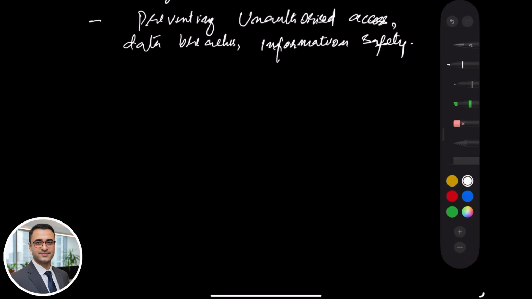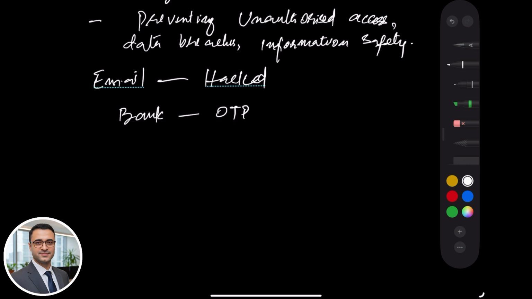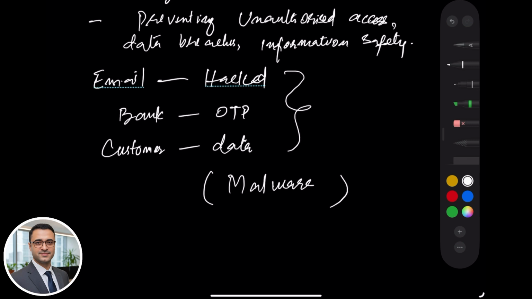Let's take an example. Imagine someone hacks your email, steals your bank OTP, or a company loses customer data due to malware. If any such case happens, what should we do?